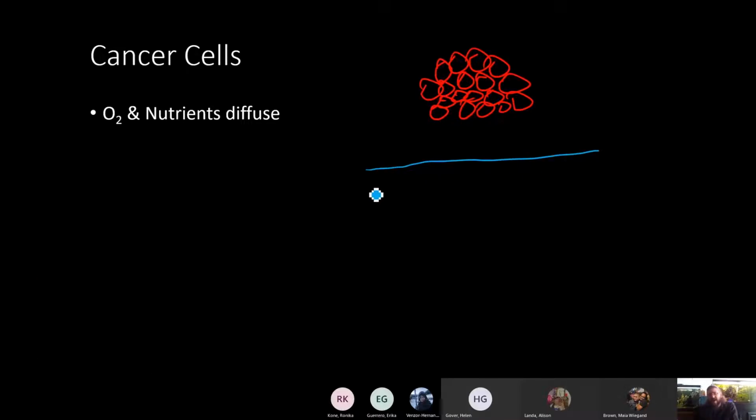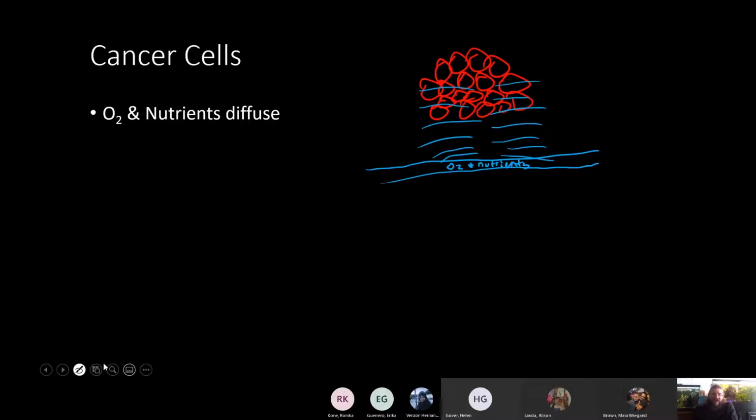So here's a blood capillary carrying oxygen and nutrients. And they diffuse out of the capillary into the surrounding tissue. And diffusion is pretty useful as long as you've got a lot of blood vessels.